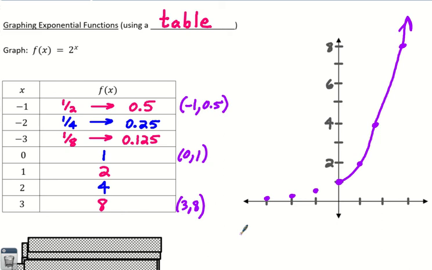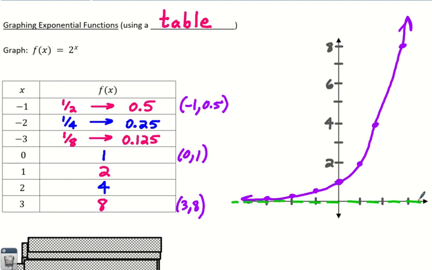They're going to get really, really small, really fast. But isn't it always going to be above 0? Aren't we going to get closer and closer to 0, closer and closer to the x-axis, but never touch it? Which means, remember with the tangent graph, we had a vertical asymptote?